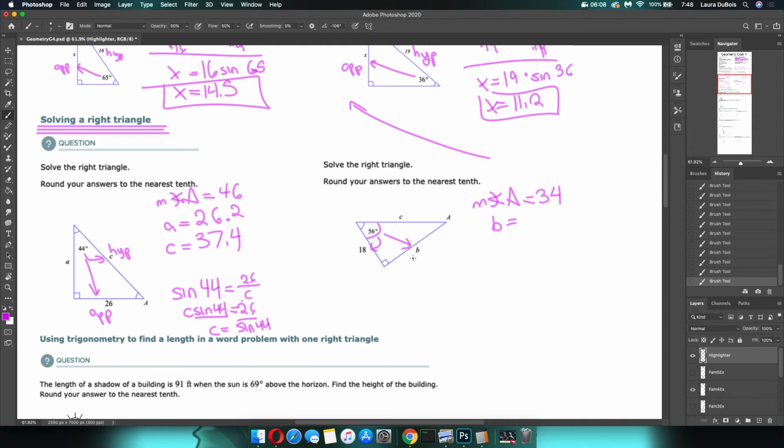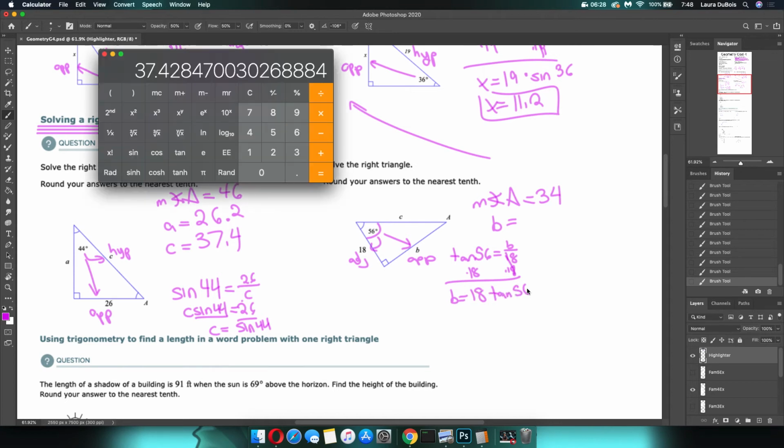That's opposite, and then that is adjacent, so this is tangent. So tan 56 equals B over 18. Okay, so times 18 times 18, B equals 18 times tangent 56.